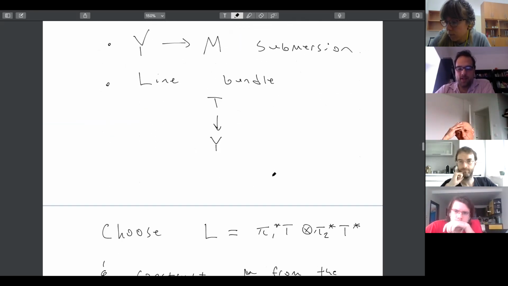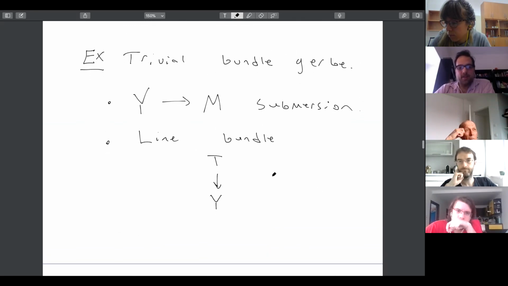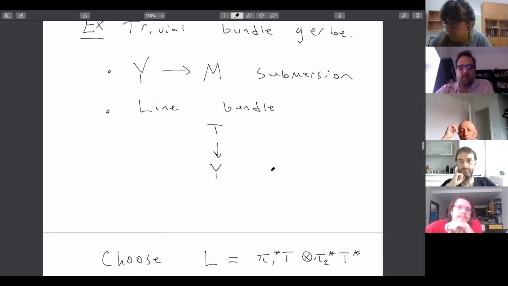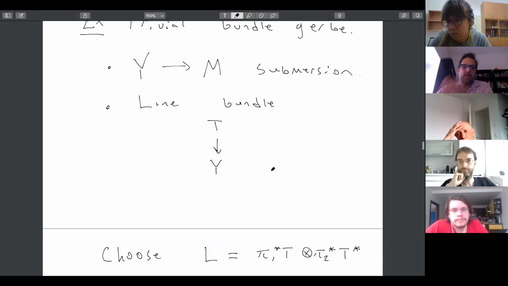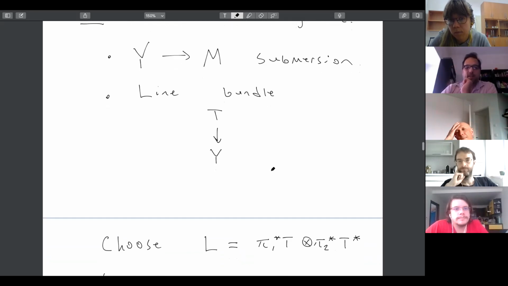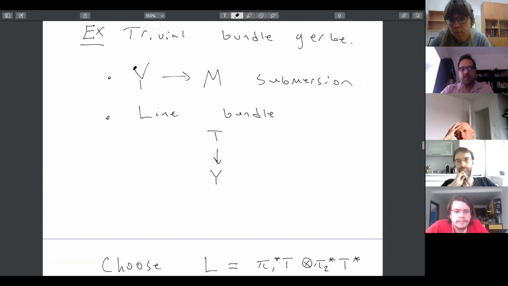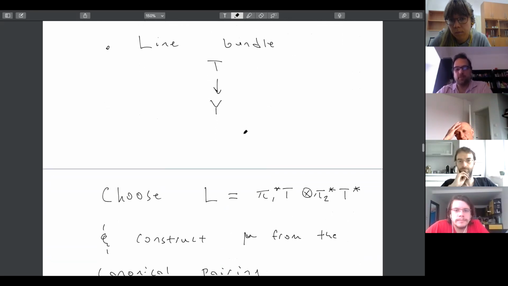I really stick pretty closely to the original approach of Murray and Stevenson in this paper. So I define an equivalence to be a trivialization of G tensor H dual. And a trivialization means that you can write it in this form, where we have this trivial bundle gerbe. Okay.